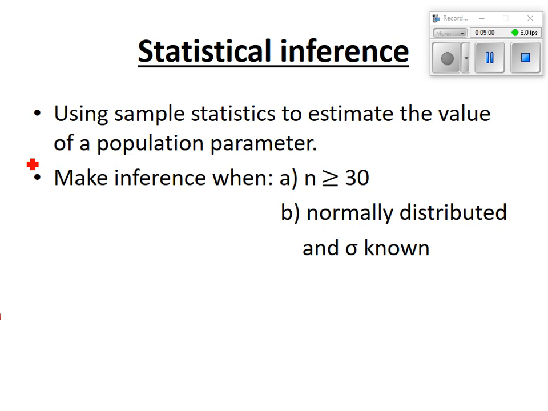If we can't find the mean of the population, then we can't find the standard deviation of the population. So normally the two things that we're looking at is we want our sample to be 30 or bigger, and it should be normally distributed. Now sometimes they'll tell you, assume that the standard deviation is 12.